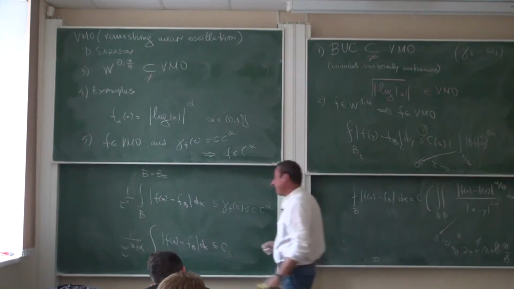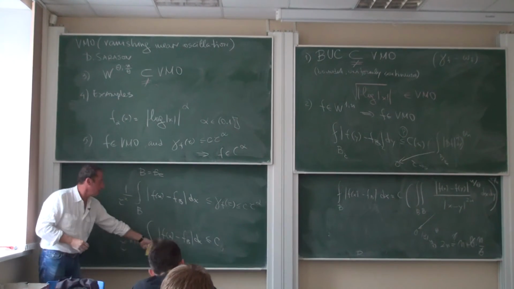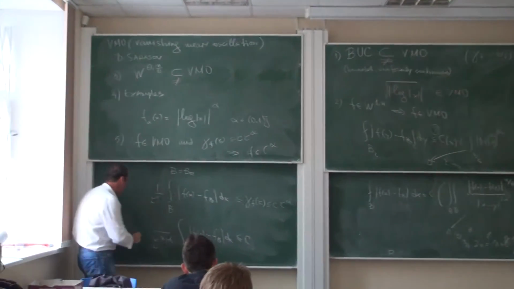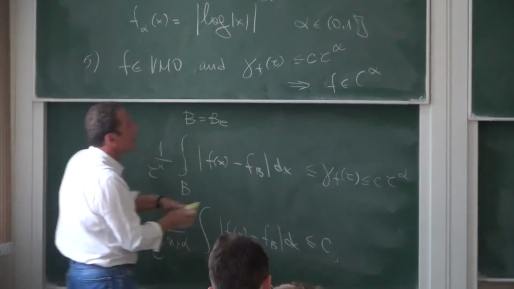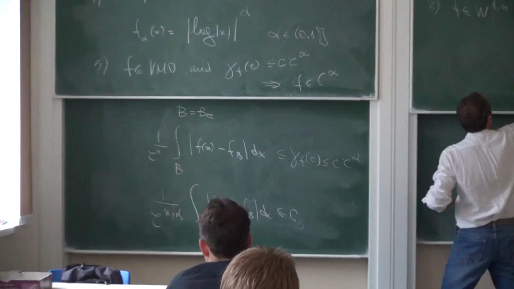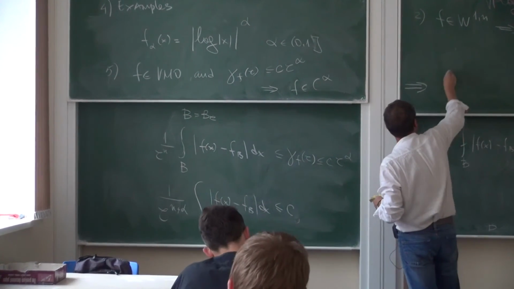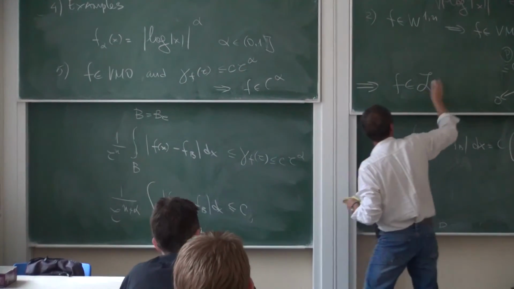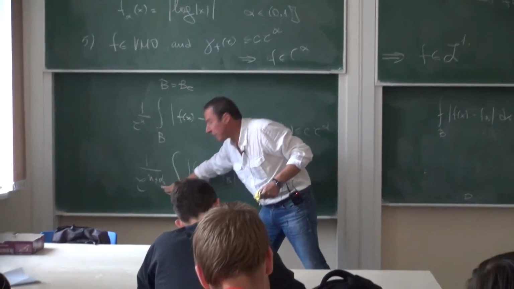Well, okay. And what it means for each r, on the basis of this hypothesis here, I'm concluding that f is in the Campanato space with exponents 1, n plus alpha.